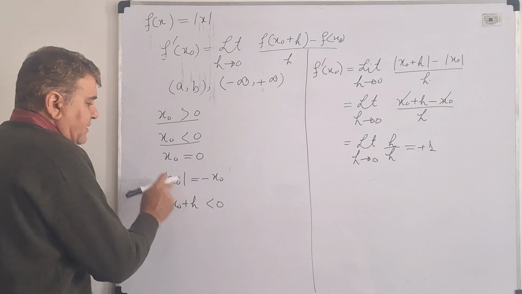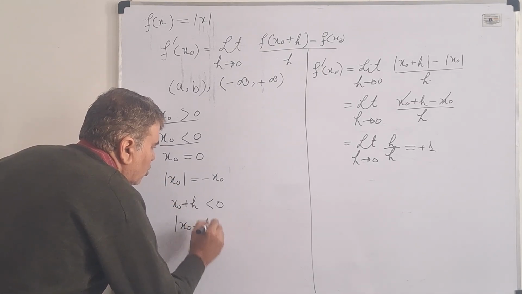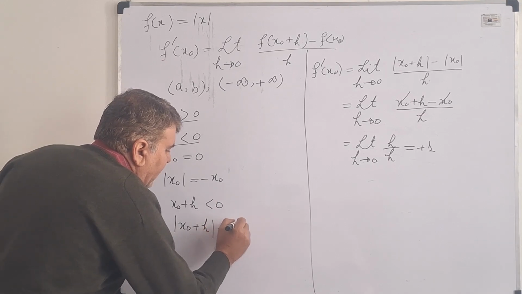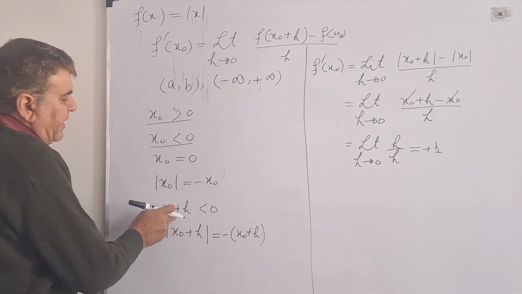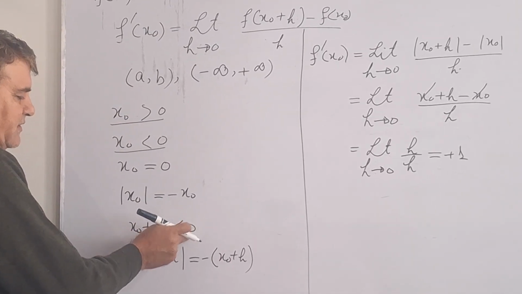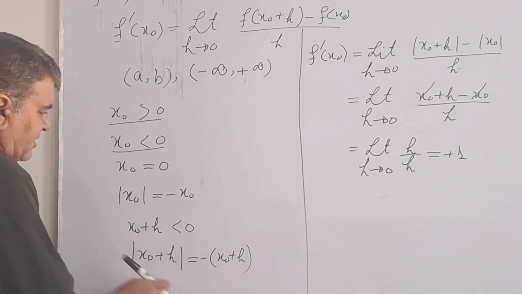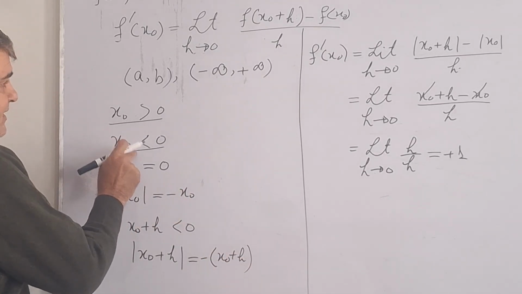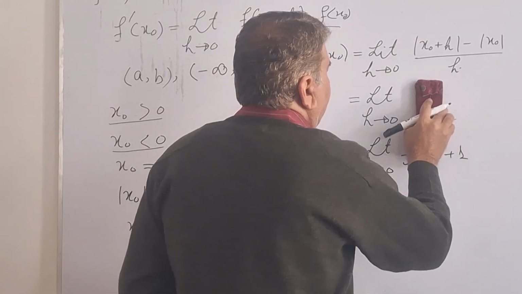When that's the case, the mod of x naught plus h would be equal to minus of x naught plus h. That is, when x naught plus h is less than 0, this is negative, so the mod of x naught plus h is also negative. If I use these values for this condition in the definition, I would get this.